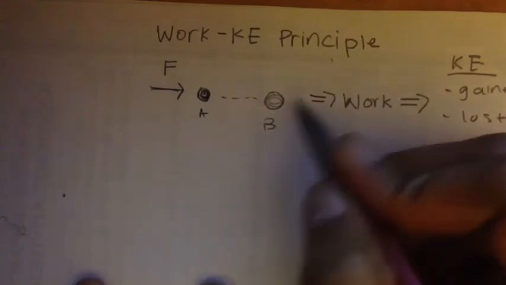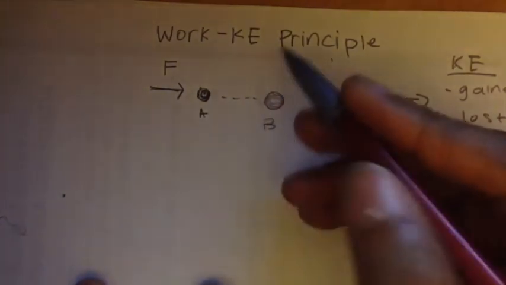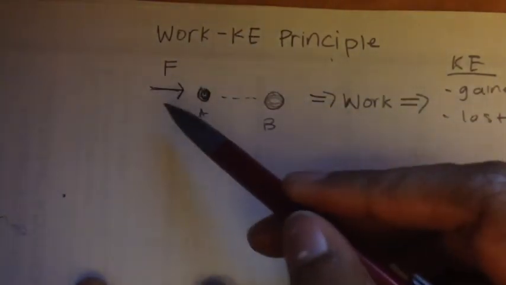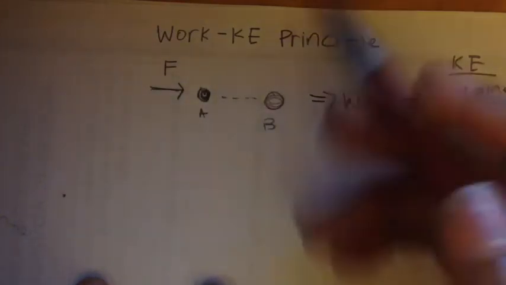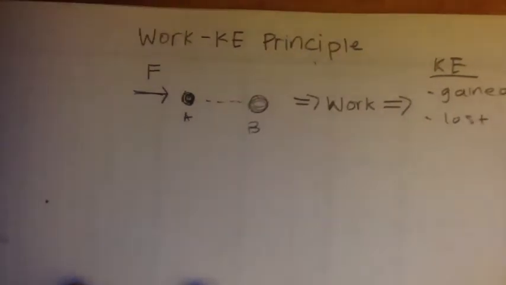But we're going to see how we can prove this mathematically. How do we know that if some force is being applied to an object, and that some work is being done on something, that the kinetic energy is gained or lost? So what we're going to do is think about Newton's second law of motion, force equals mass times acceleration.